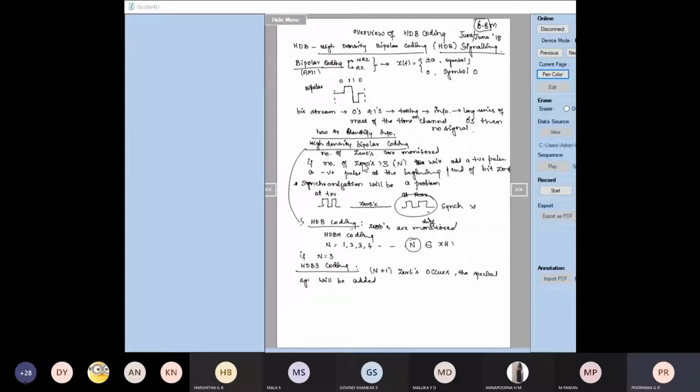So hence it is termed HDB coding. Suppose you have N plus 1 zeros, there will be N plus 1 signals, but not the complete zeros. So this type of conversion of N plus 1 zeros into N plus 1 signals is termed high density bipolar coding.